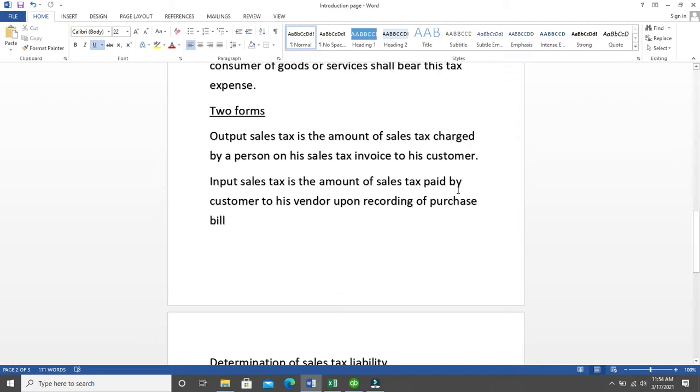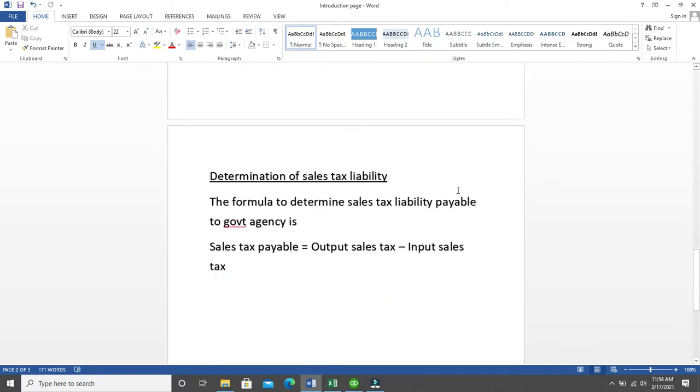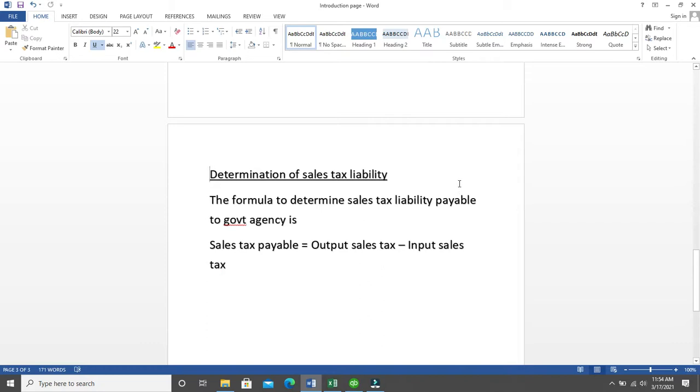So sales tax can be called input or output sales tax from the perspective of seller and buyer. And how can I determine my sales tax liability, or any person's sales tax liability, which is payable to the government agency?